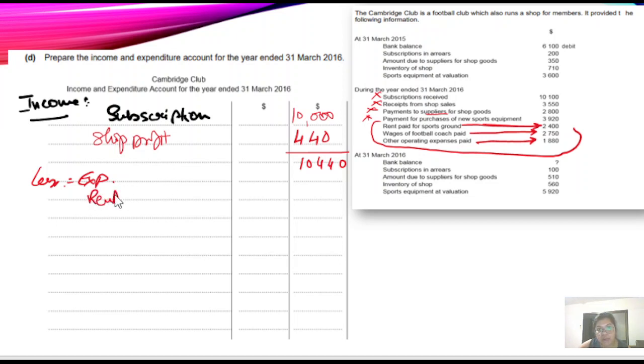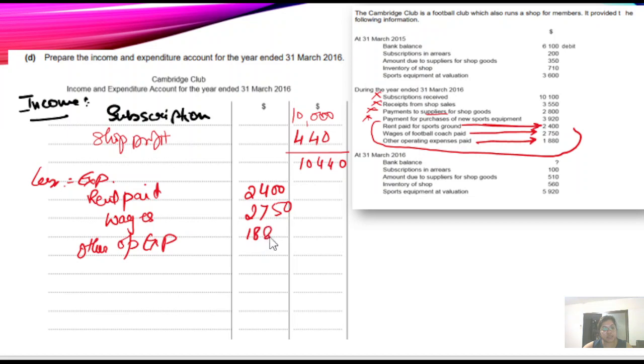Okay, so rent paid, that is 2400, and then wages paid to the coach, that is 2750, and then other operating expenses, that is given to you, 1880.